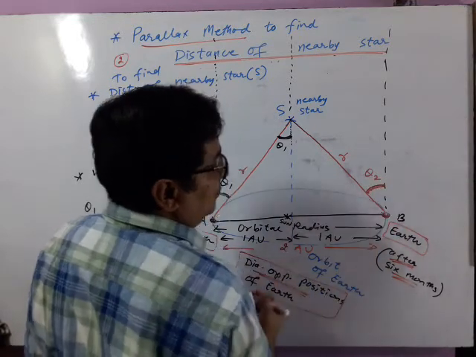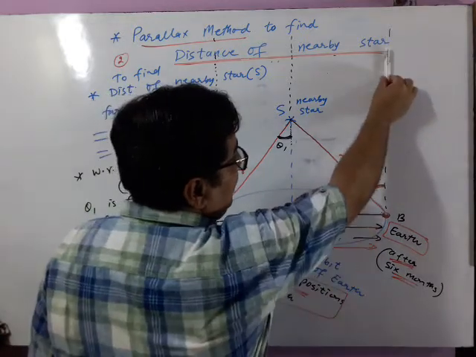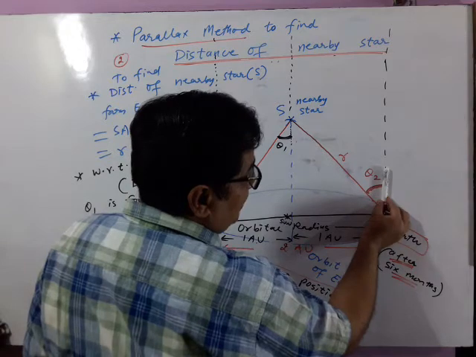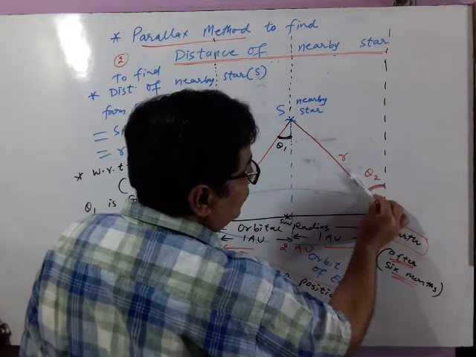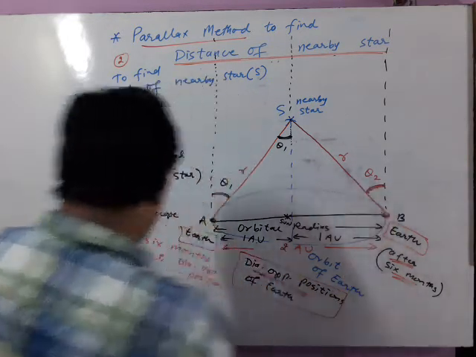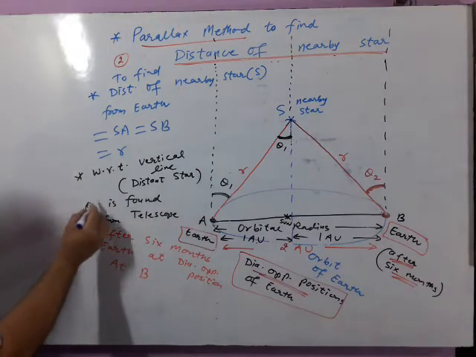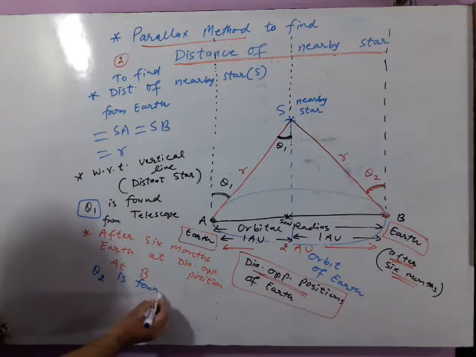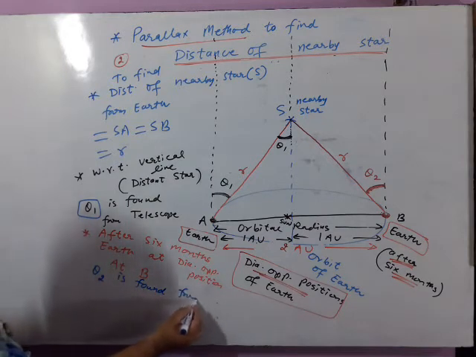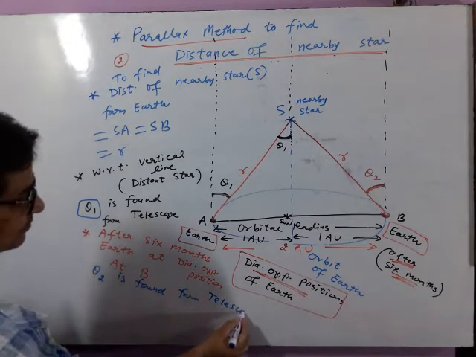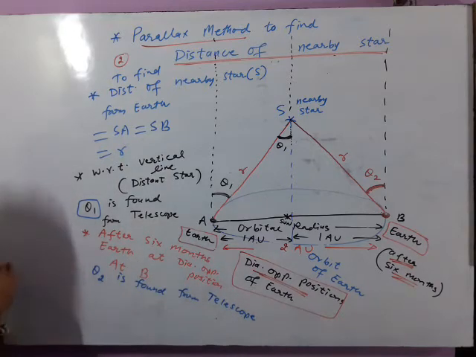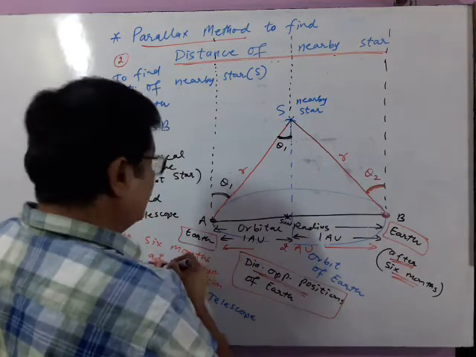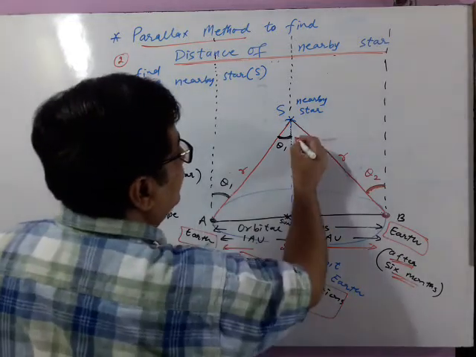Now this is theta 2 with reference to the distant star or vertical line. With reference to this vertical line, we are measuring this theta 2 with the help of a telescope. So we write it like this, like theta 1, we will write theta 2 is found or measured from the telescope. Again, alternate concept. Alternatively, if this is theta 2, this will be theta 2.